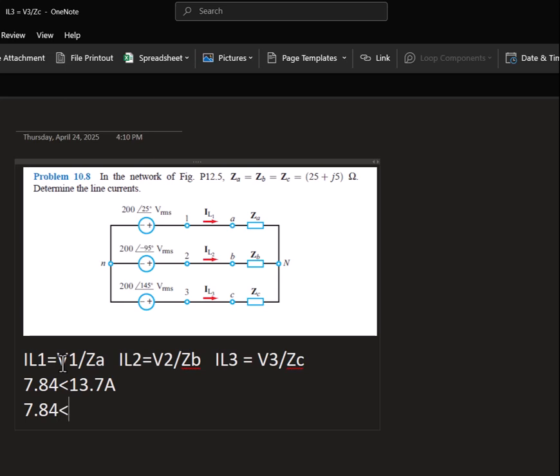You can just look at the angles and see, okay, I'm going down by 120, and so these will also go down by 120. So you subtract 120 and then you would add 120. You don't have to do each one if it's balanced, which is one of the things that makes balanced nice.